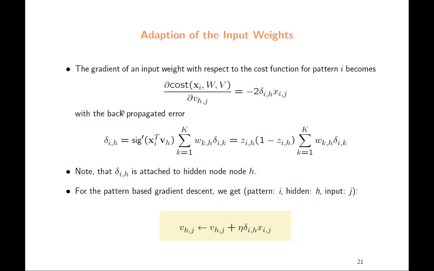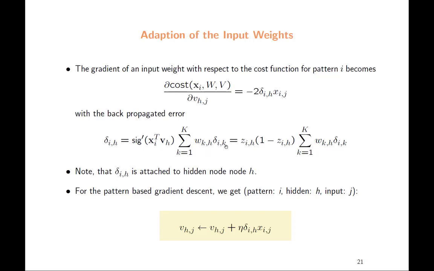And the backpropagated error now looks like this. It's again the derivative of the sigmoid applied to the input to this sigmoid. Now we sum over all output units, and we take the delta, which we have calculated before, for this output unit k, for the input pattern i, and multiply it by the weight w_kh.